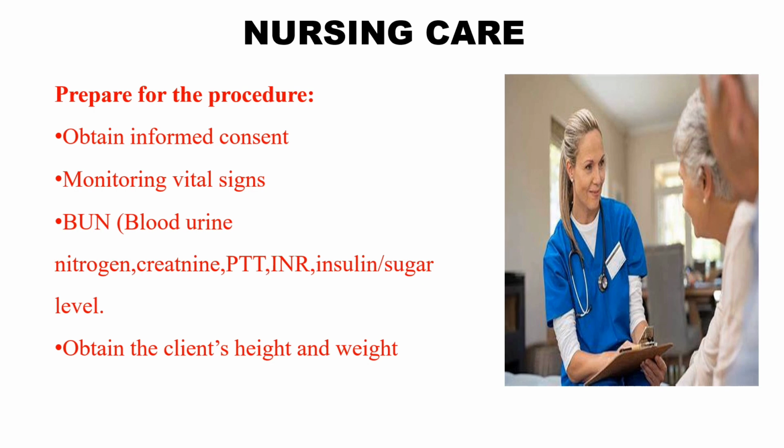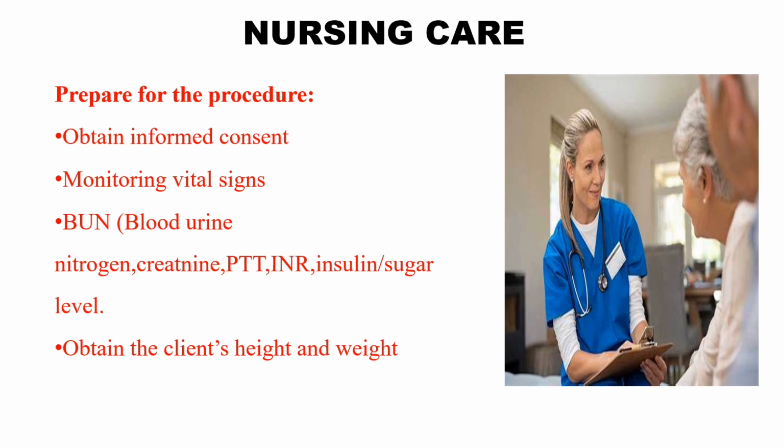Coming to the nursing care. Before the procedure, we have to explain to the patient. First, obtain the informed consent. After the patient is properly identified, the procedure must be explained before consent can be signed. And monitor the vital signs. Baseline vital signs will be done, and as long as these are acceptable the doctor can proceed with the procedure.